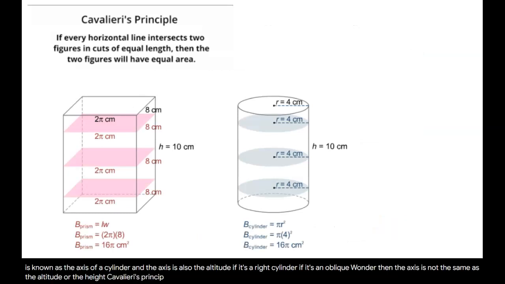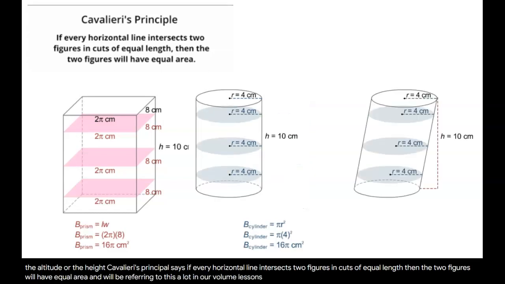Cavalieri's principle says if every horizontal line intersects two figures in cuts of equal length, then the two figures will have equal area. And we'll be referring to this a lot in our volume lessons.